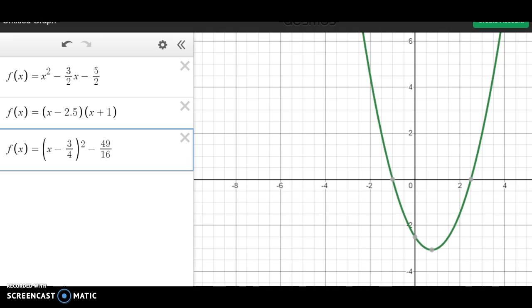And they'd say, okay, so I look at this, well, maybe they would know at this point. I'd have to look through my curriculum. But my guess is that they're going to know how to complete the square. So they're going to look at this one and say, okay, well, if I took the first version, x squared minus 3 halves x minus 5 halves, and I completed the square, I could probably get down to this, the vertex form.